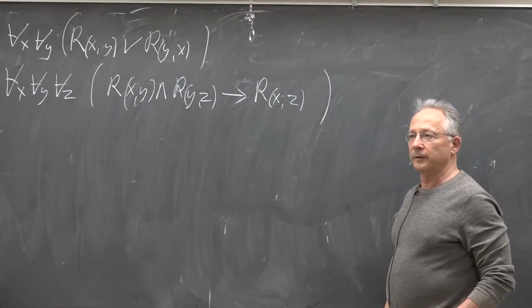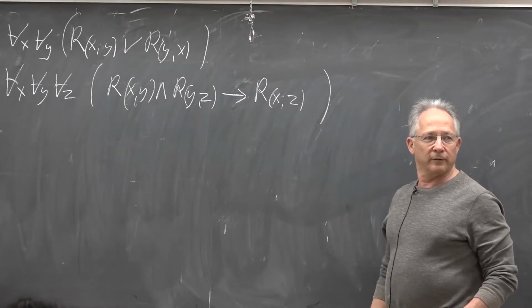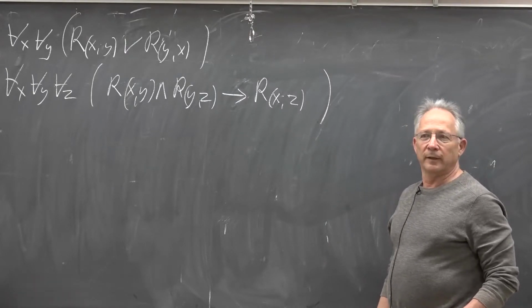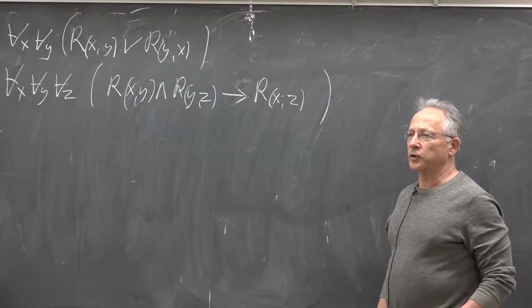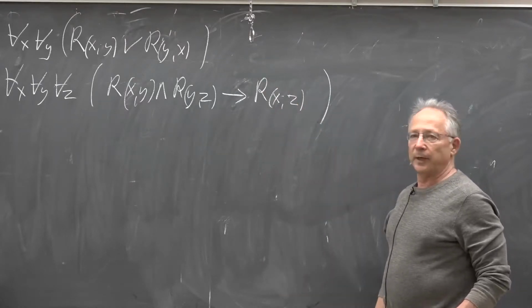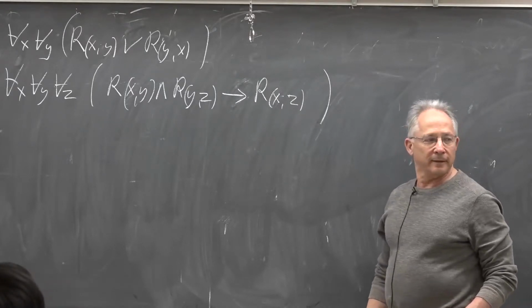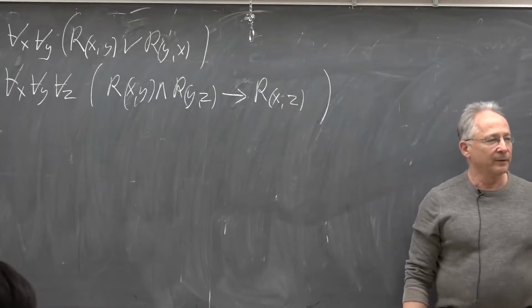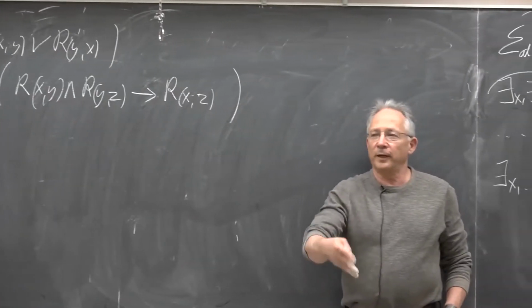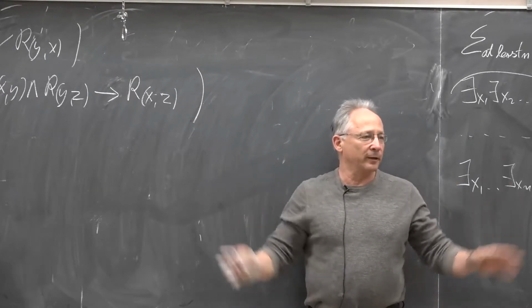Now note that this doesn't suffice yet. I can cheat. How can I cheat? Can you give me a structure in which R is not an ordering, but it satisfies these requirements? Yes? Not just a cycle. I can say R(x,y) holds for all pairs.